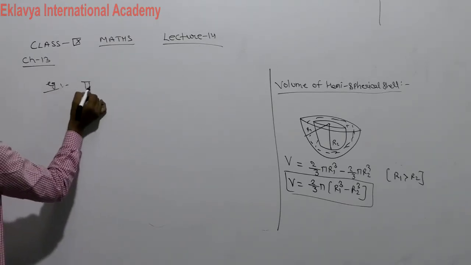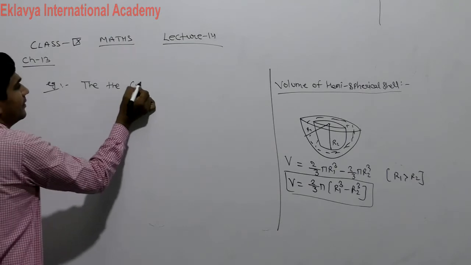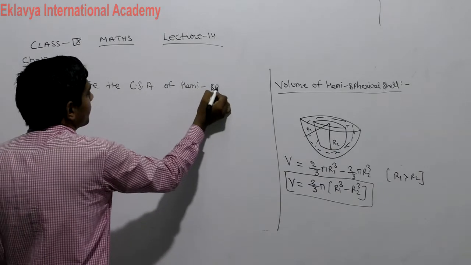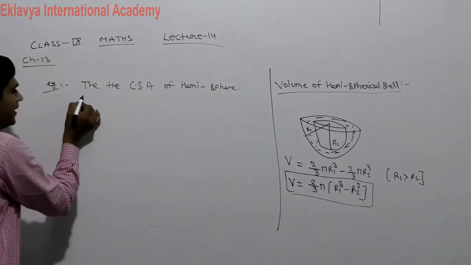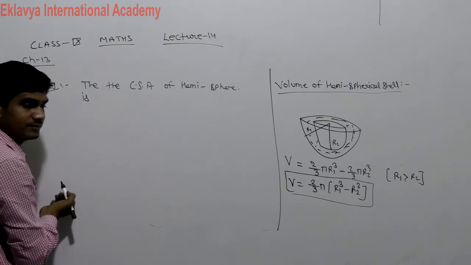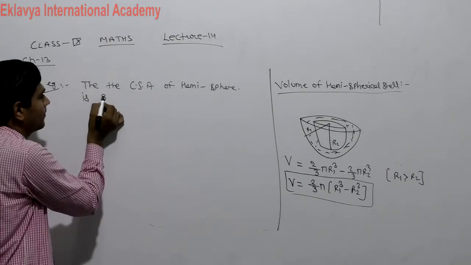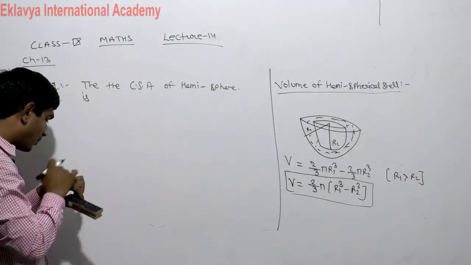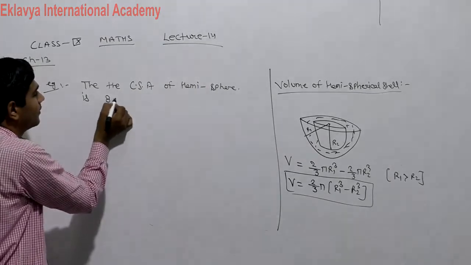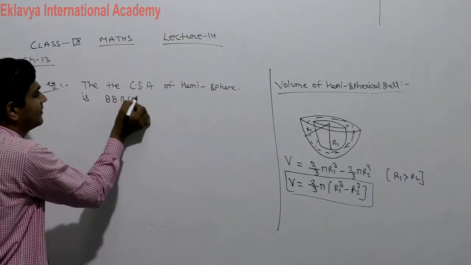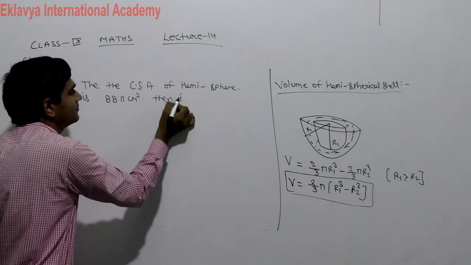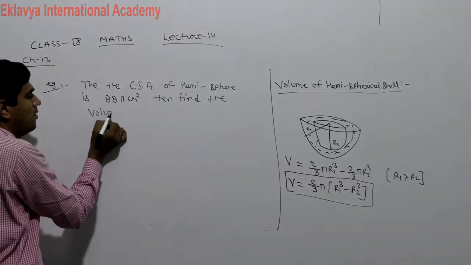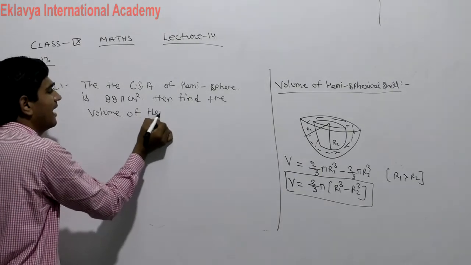Look at the question. If the CSA of a hemisphere is 88 pi centimeter square, then find the volume of the hemisphere.